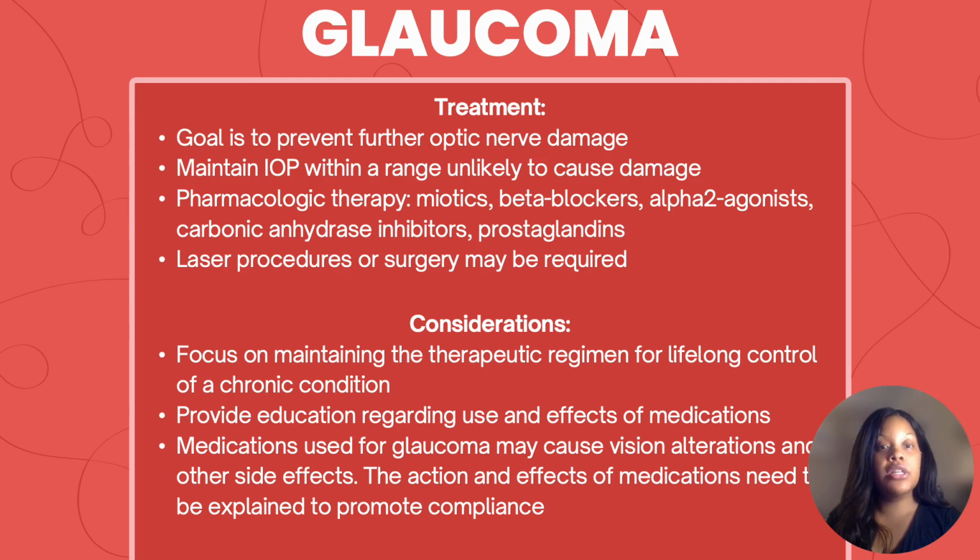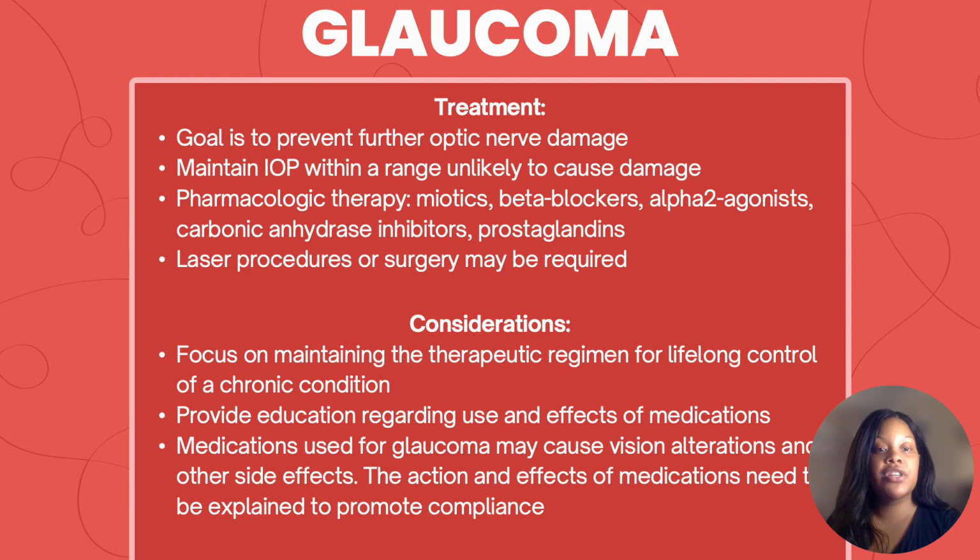All right, so what are some treatments of glaucoma? The biggest thing with glaucoma is we want to prevent further optic nerve damage. We want to maintain IOP within the range unlikely to cause damage. Here is a list of pharmacological therapies that can be used with glaucoma. Laser procedures or surgeries may be required, and we'll talk about that on the next slide.